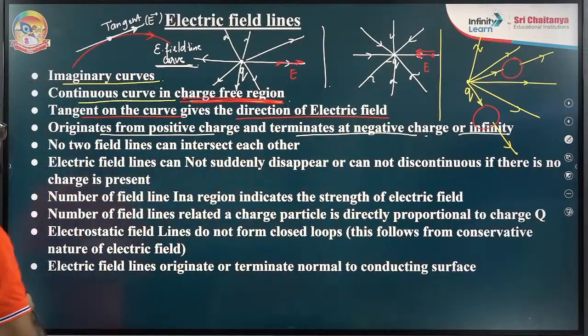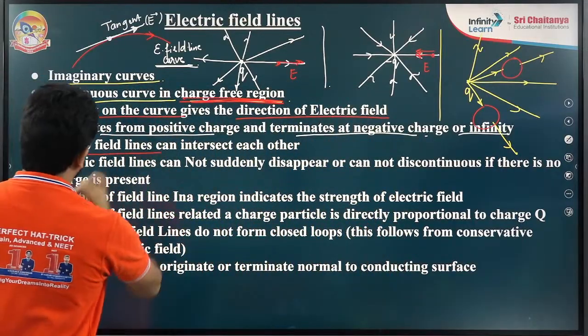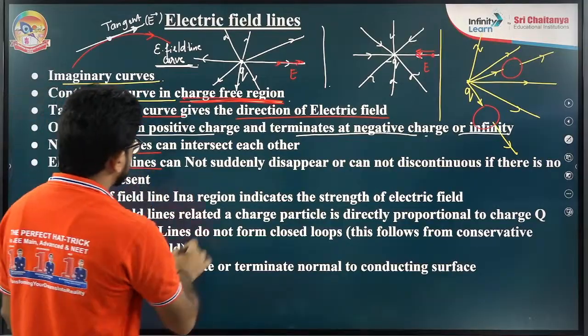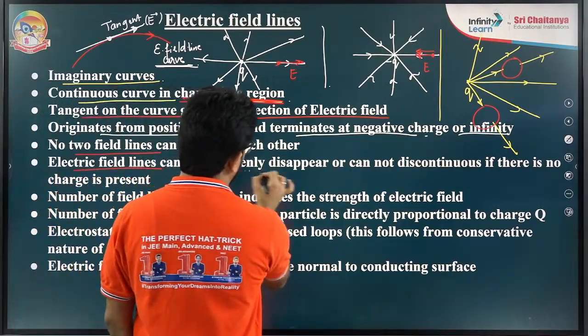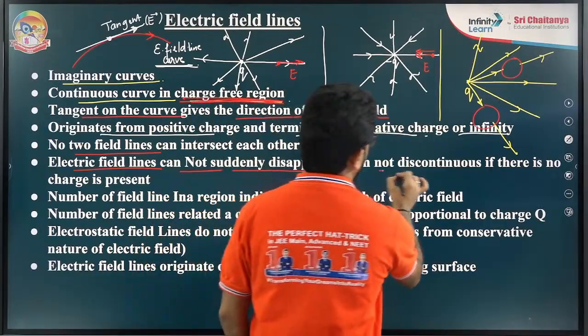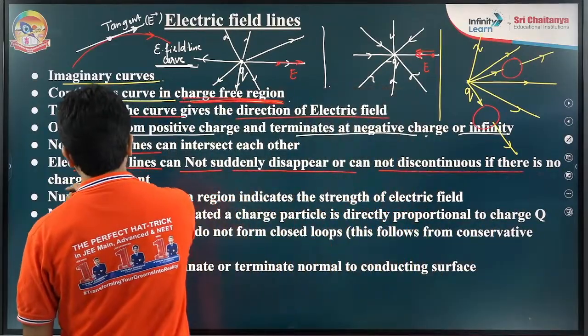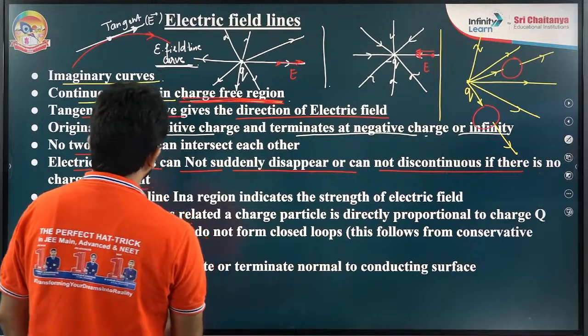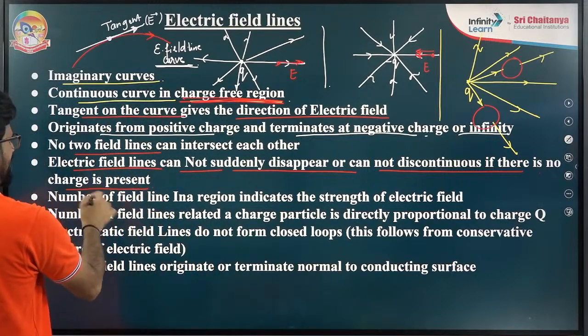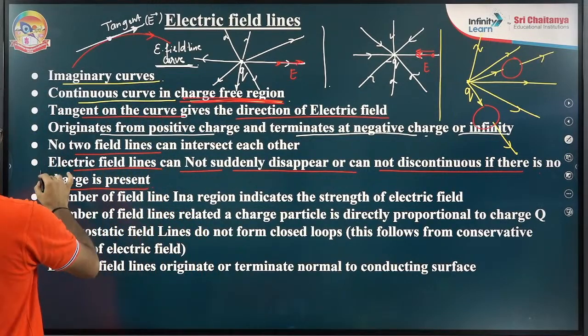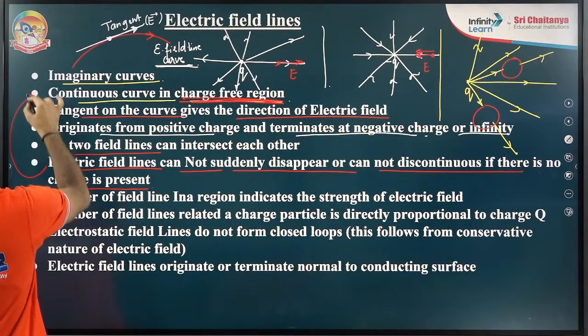Now come to the next point. This point is clear to you. Electric field lines cannot suddenly disappear or cannot be discontinuous if there are no charges present. Actually, this point is not a new point, it is the same as point number 2.